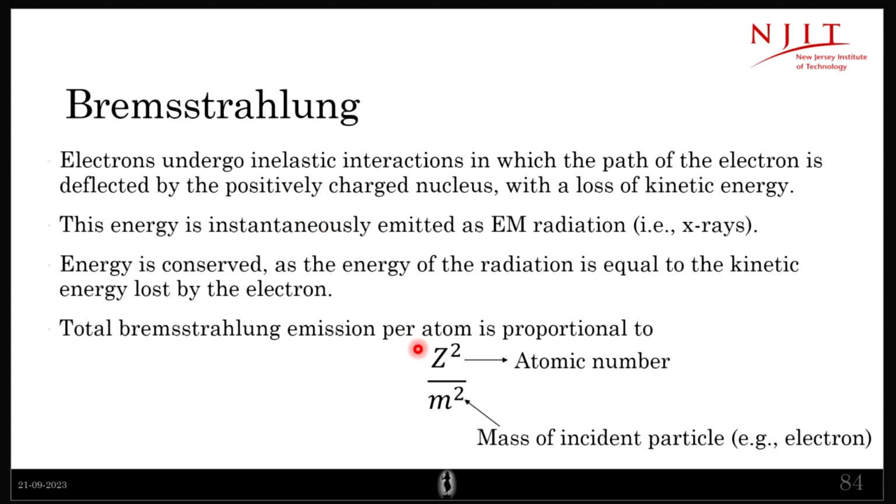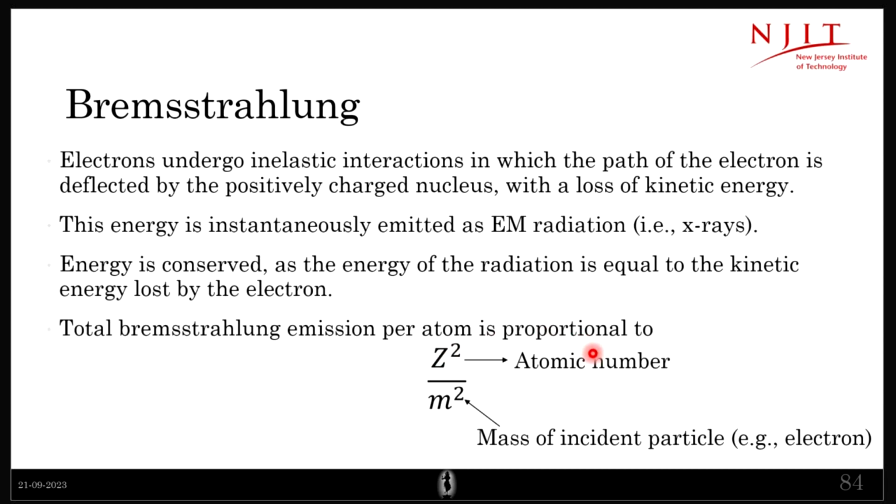And what else? Bremsstrahlung emission is also proportional. So how much X-ray will be emitted is proportional to the atomic number and the mass of the incident particle. In our case, the incident particle is always an electron, so this is kind of constant, but the number of emissions is dependent on atomic number.